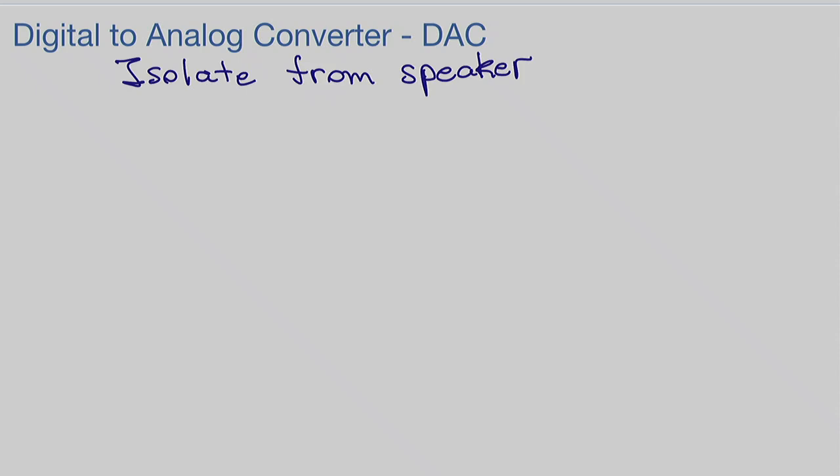So now that we have experienced this design, what can we put in the middle, between our DAC and our speaker? What tool do you have in your pocket that allows you to select voltage limits? Op-amps.